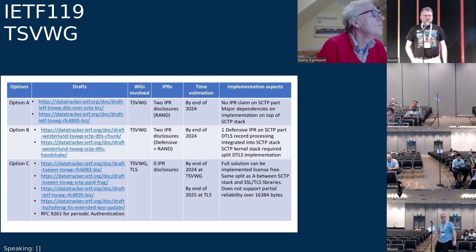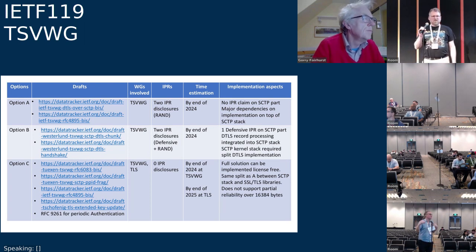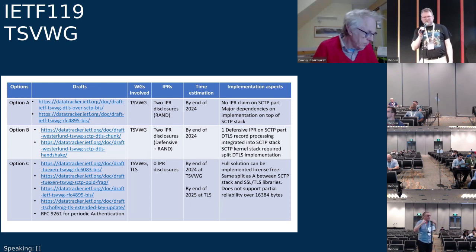So, John? Yeah, I think it might make some sense to discuss which two solutions. I think solution B is quite different from solution A and solution B. A and B are A and C, you mean? A and C are DTLS over SCTP with some change.